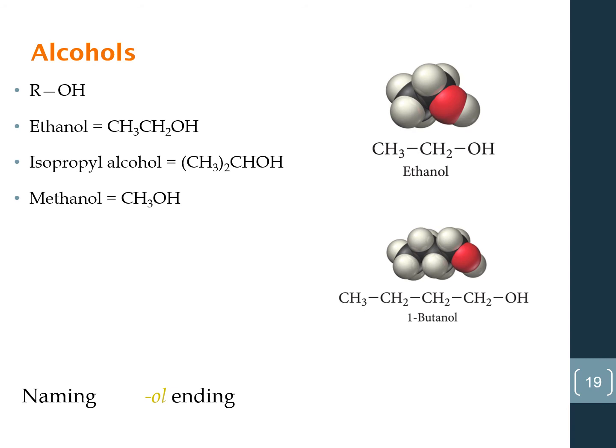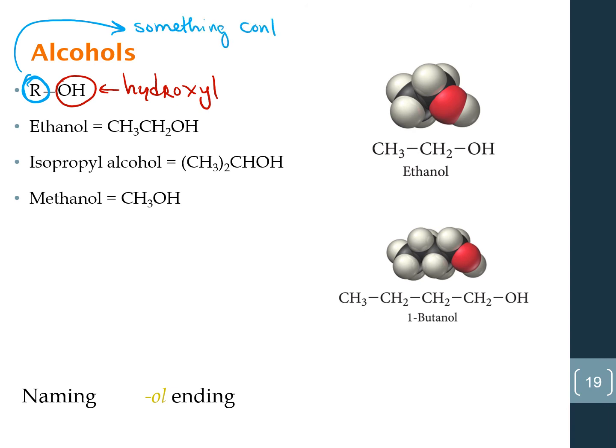Alcohols are organic compounds containing the hydroxyl group. Hydroxyl is this part right here. It's OH, an oxygen bonded to hydrogen. This R that I have right here, that's any part containing carbon.